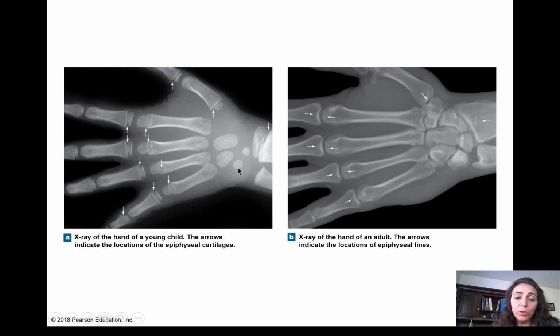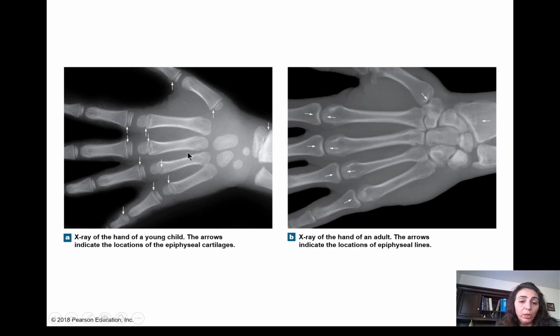And in this picture, you will see the difference between this picture and this one. What do you see? For example, in the wrist area, instead of 8 bones that you have in the adult, you still have some bones that haven't been seen because some of them are actually cartilage, so cannot be seen in the X-ray.